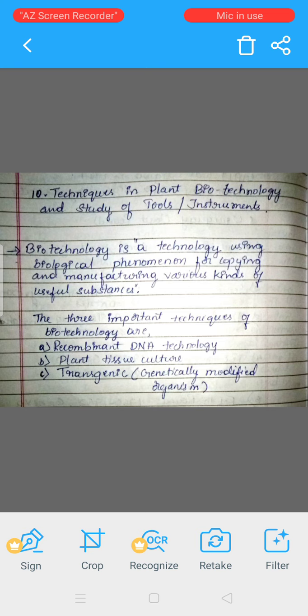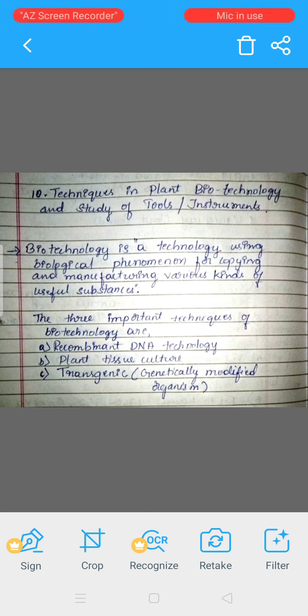Biotechnology is a technology using biological phenomena for copying and manufacturing various kinds of useful substances.